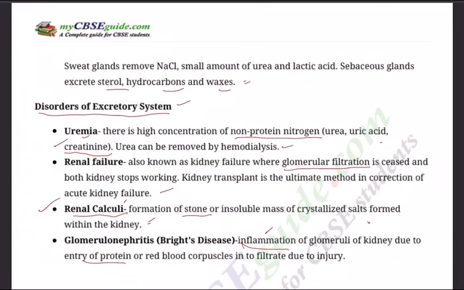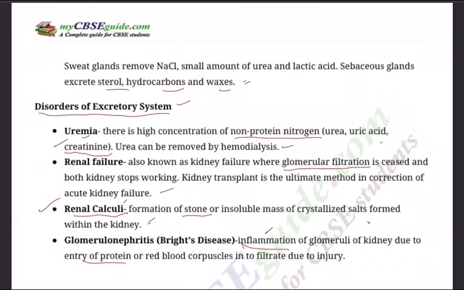Whenever we consume foods that are rich in calcium excessively, calcium oxalate crystals will be formed inside the kidney. Sometimes these are formed in the ureter, which will be very painful, and sometimes they are present in the urinary bladder, less painful, but sometimes they are present even in the urethra, again, which is very, very painful.